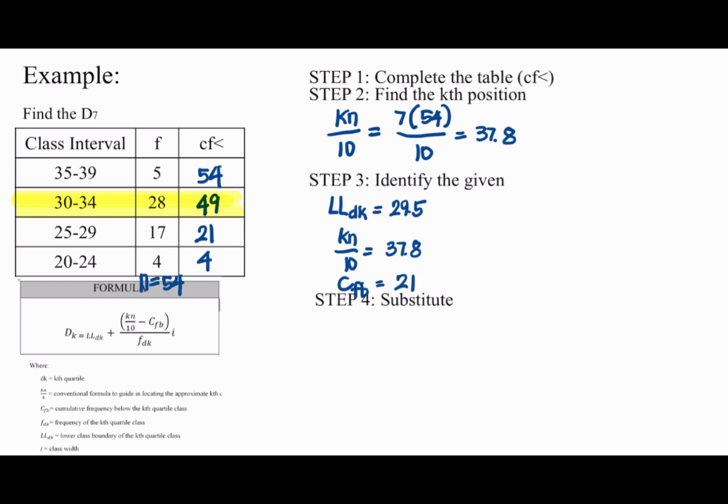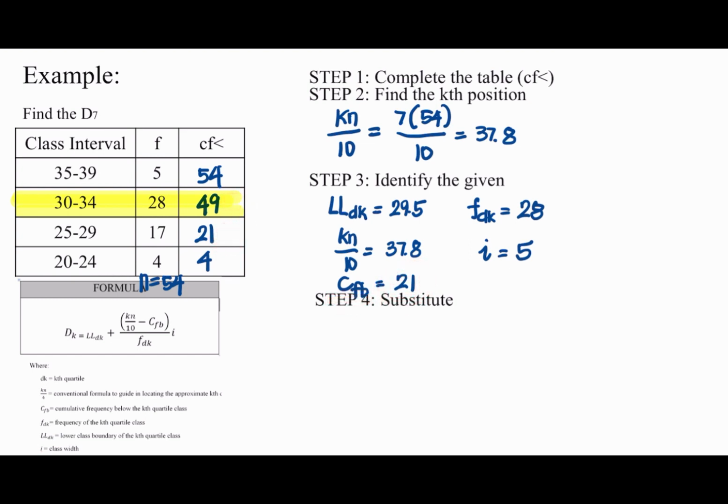Your F sub Dk is equal to 28. And your i is 5. Take note that 28 is the frequency of the D sub 7 class. Your C sub FB is 21 because this is your less than cumulative frequency, and below that is 21.